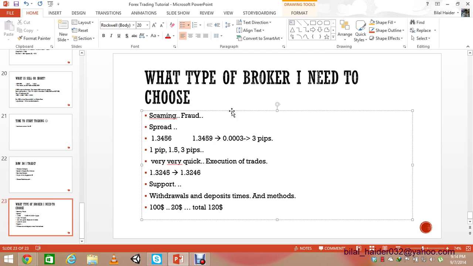You place a withdrawal request on the company's side, and if it is taking 2 or 3 days or maybe more than that, then you don't invest with that company. The withdrawals must be quick.